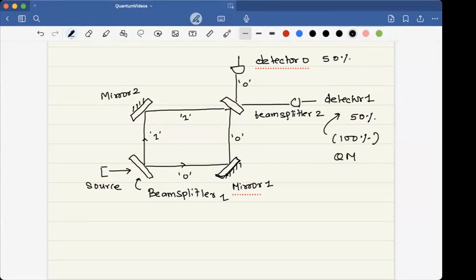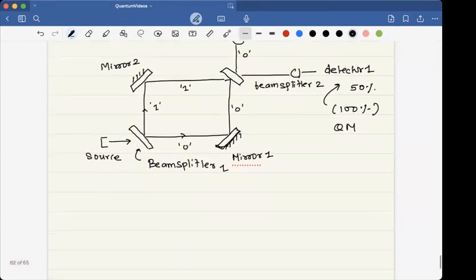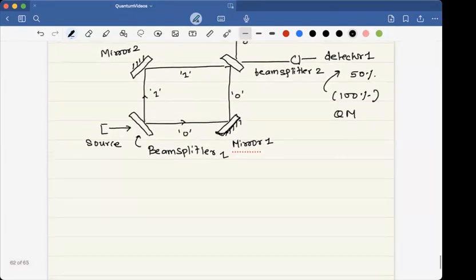Now, let's try to put some explanation on this. But before that, suppose I have a simpler setup with only one beam splitter.